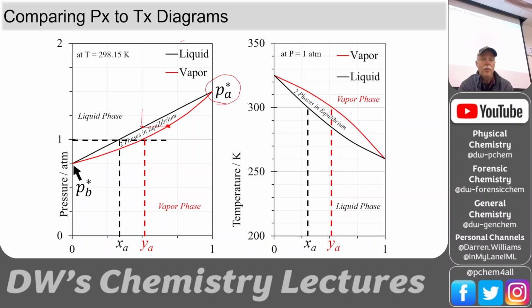So the vapor above the 50-50 mixture is like 65% A, 35% B. If we keep lowering the pressure, more of that liquid is evaporating. And since the vapor is rich in A, the composition of the liquid moves left.